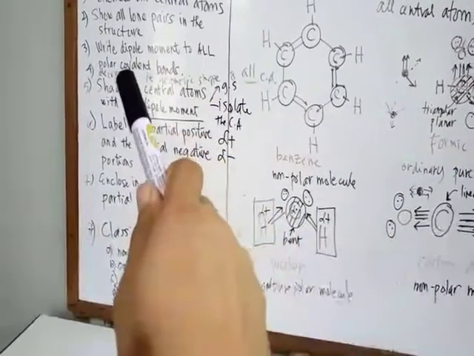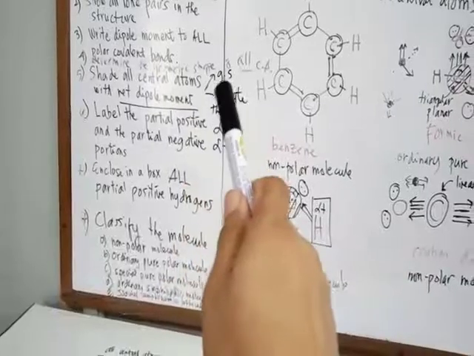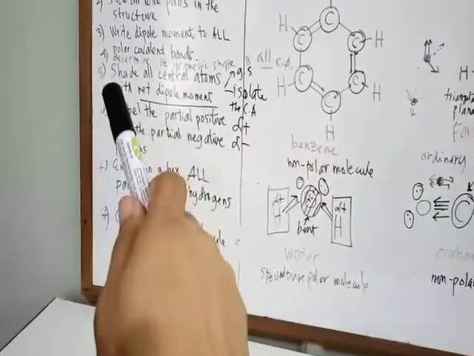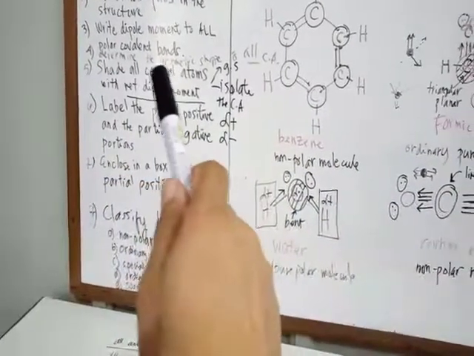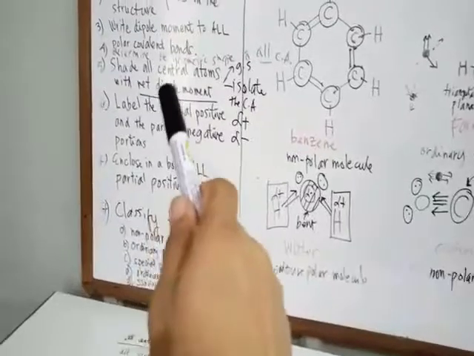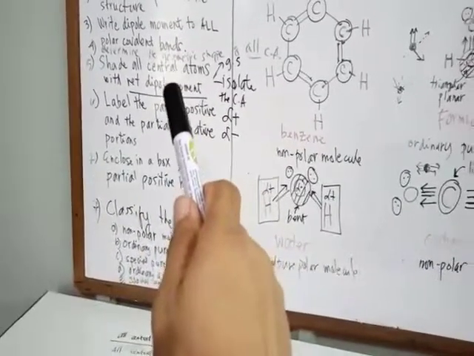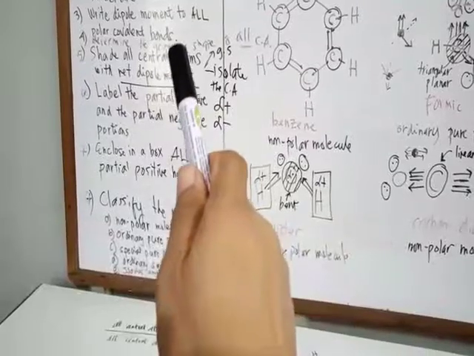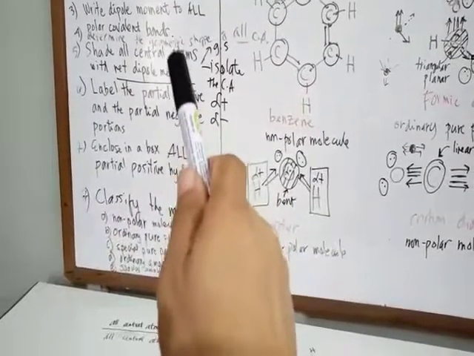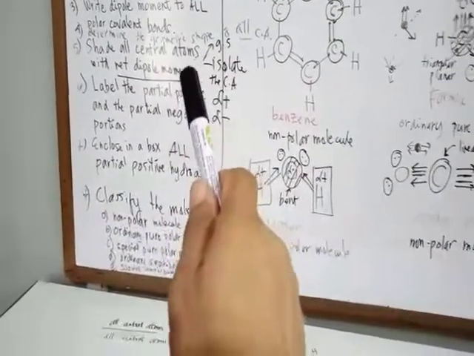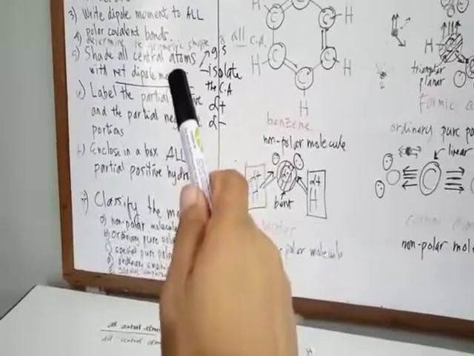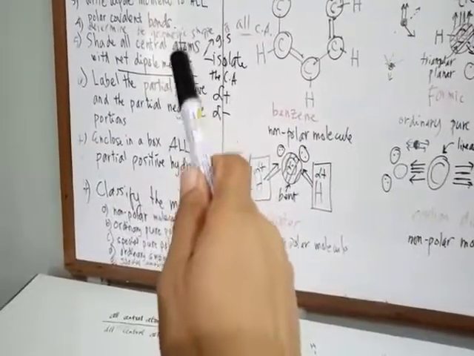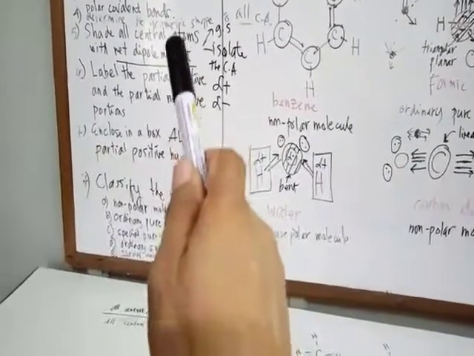Then number 4, determine the geometric shape of all central atoms. And number 5, shade all central atoms with net dipole moment. How would you determine that? By determining if the central atom will move based on the position and direction of the dipole moments acting on it.